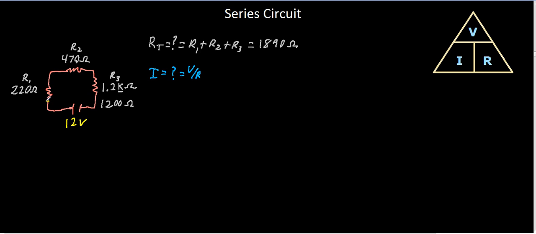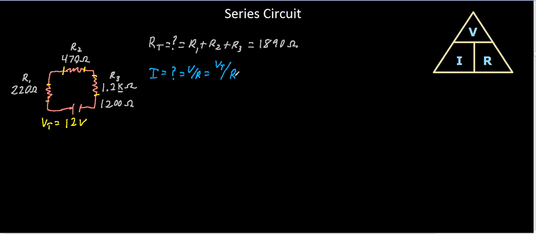We don't know the voltage drop across resistor 1, resistor 2, or resistor 3 yet. That's 3 of the things we still need to solve for. But we do know the total voltage drop. Therefore, we will use the total resistance to go with the total voltage.